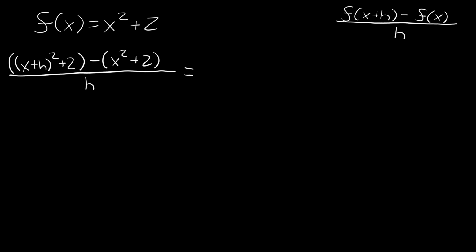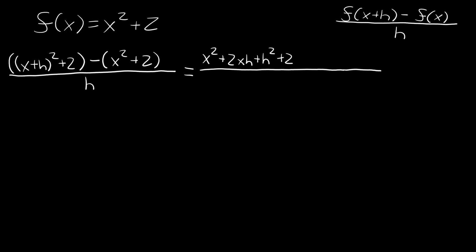Now we can expand the x plus h squared and distribute the negative sign. This will equal x squared plus 2xh plus h squared plus 2.